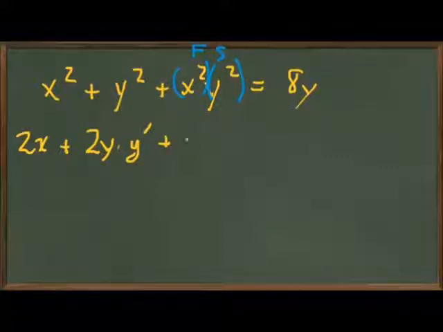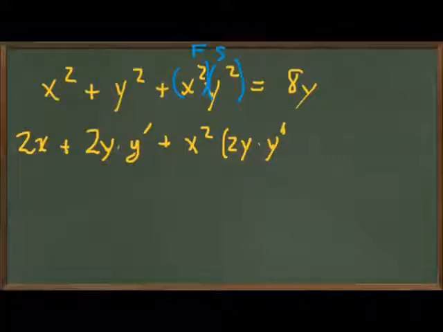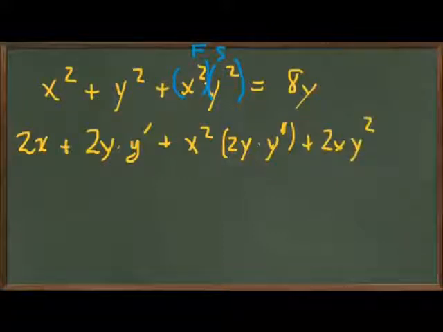So we get the first times the derivative of the second, which is this, using the implicit rule, plus the derivative of the first times the second, and then we go over to the term on the right side and differentiate it, and the y goes to a y prime. So let's just tag what we did with the product rule.